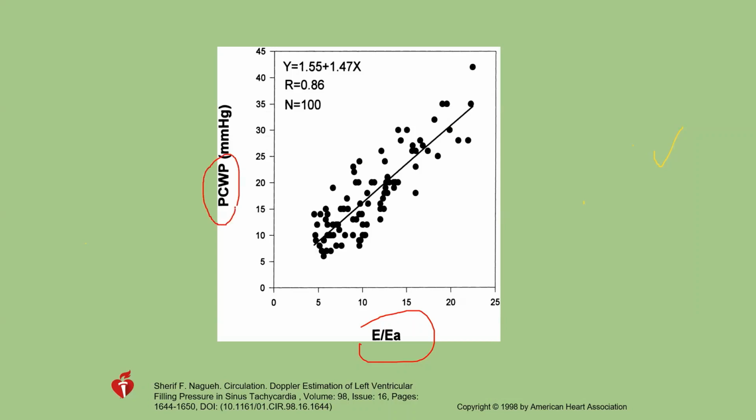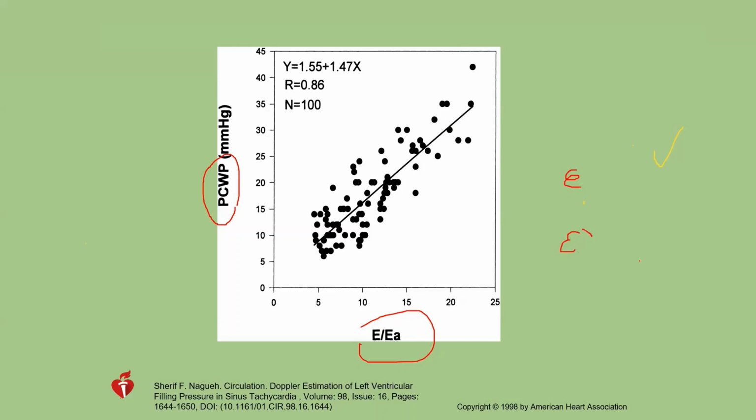But what happens in constriction? In E over E prime, what are we using? We are using E from the mitral inflow and E prime from where? From the medial.